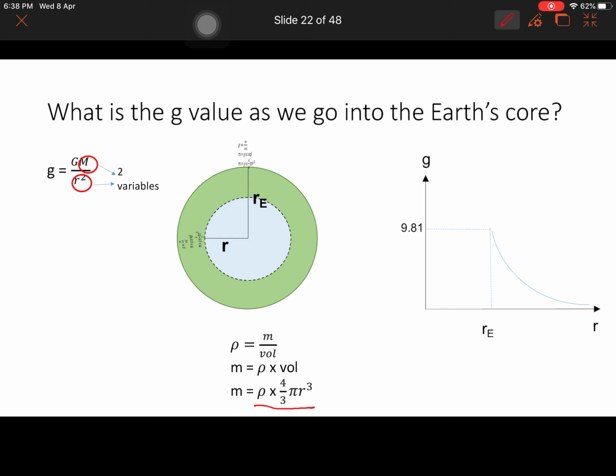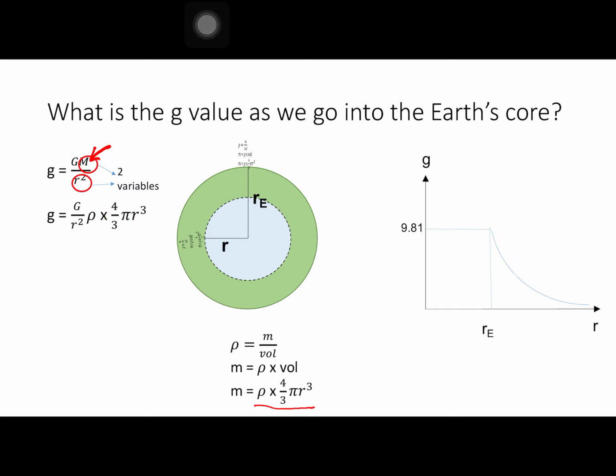So I fit this inside this part here. So I have G over r squared, then times rho 4 over 3 pi r cubed. Then you can cancel away your r squared, and you're left with 4 over 3 G rho pi r.